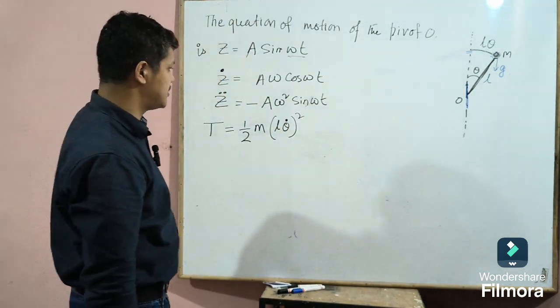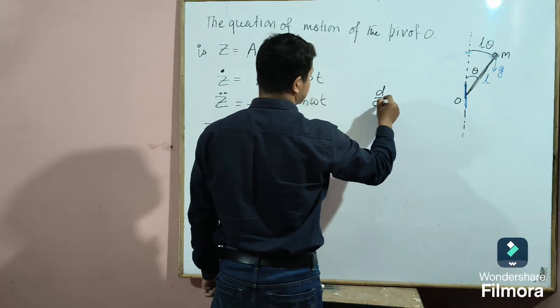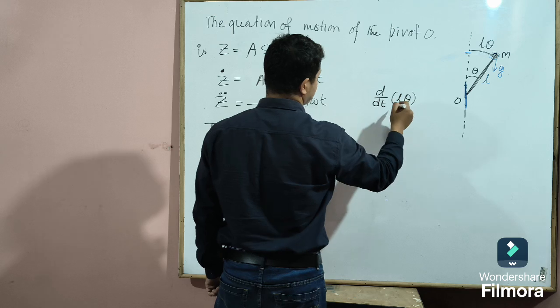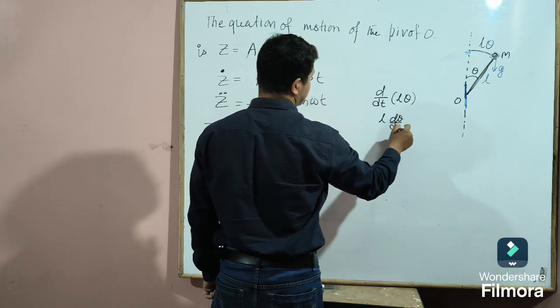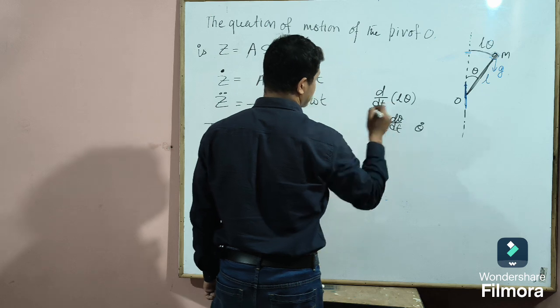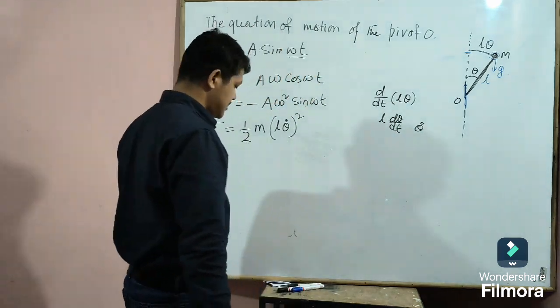Hope you have understood this. Here L is fixed, so L will come out, and d theta by dt is represented by theta dot, which is the angular velocity.